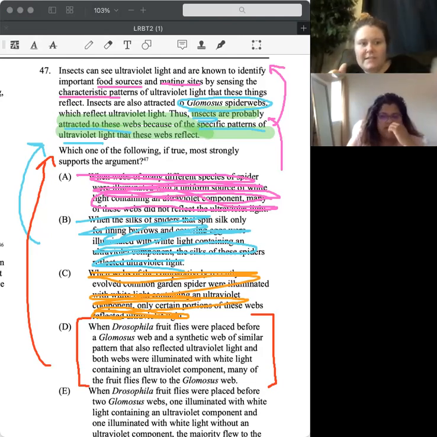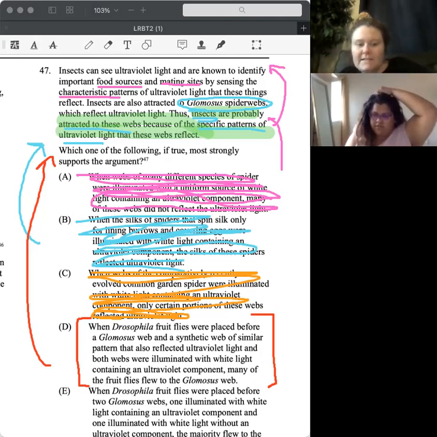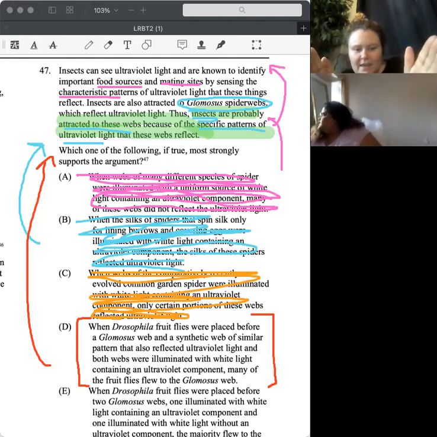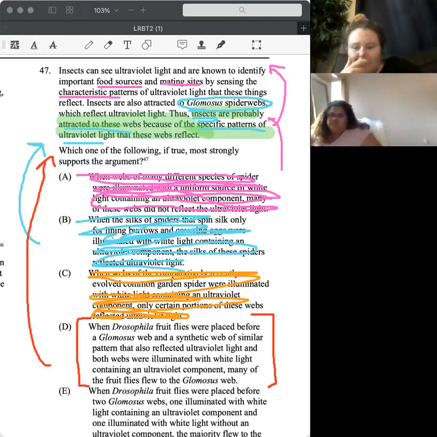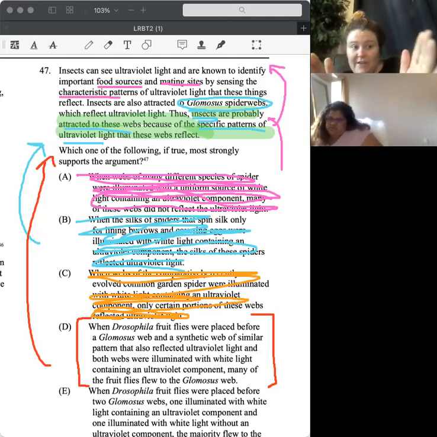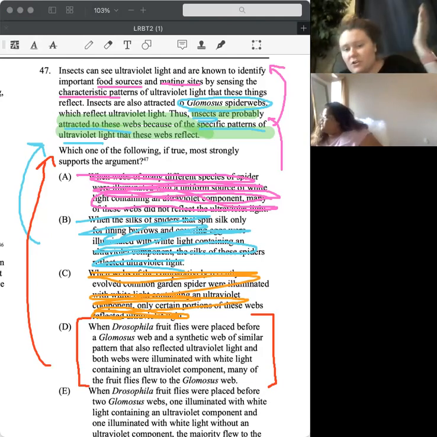Yeah. So does that prove that the insects are attracted to the specific patterns of ultraviolet light? No, because they both had it. This only weakens it. When they have the same thing, they're still going to the G web, and it's like, why are they going to the G web? It might be something else, because when you put two things that had specific patterns with ultraviolet light, they still chose the G web.